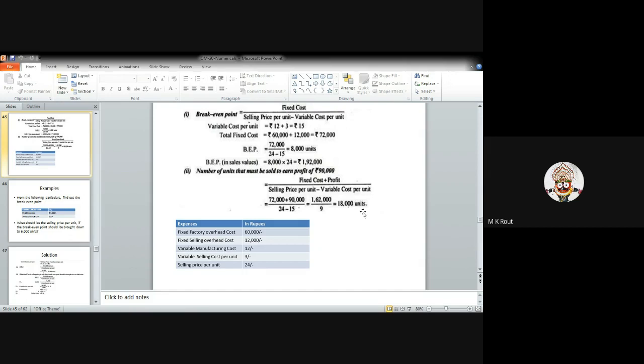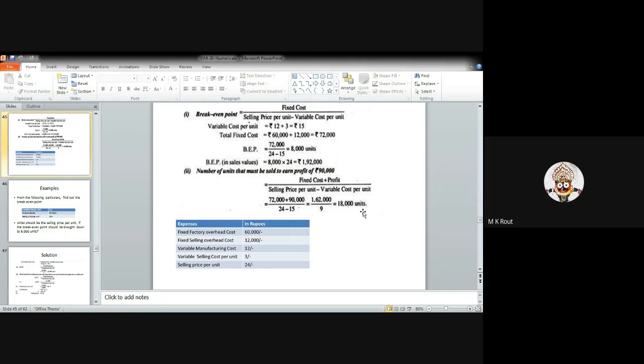The first part is over. Now the next part, the second bit: the number of units that must be sold to earn a profit of rupees 90,000. In this case, you must note down the formula: fixed cost plus profit, divided by selling price per unit minus variable cost per unit. The data provide the profit, rupees 90,000, but you have to calculate the number of units that must be sold.